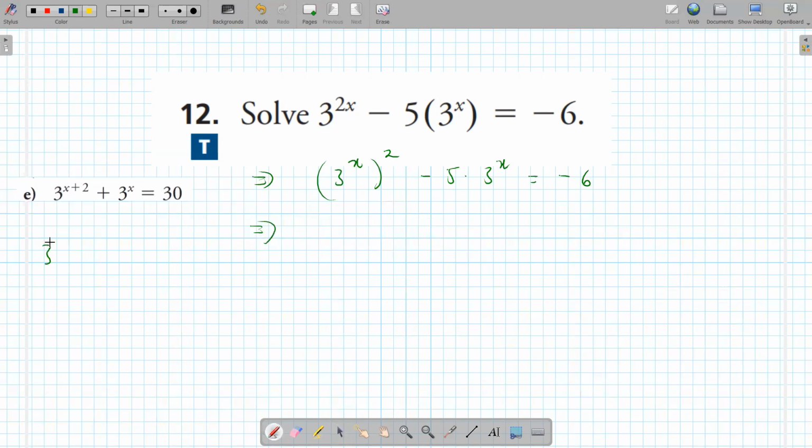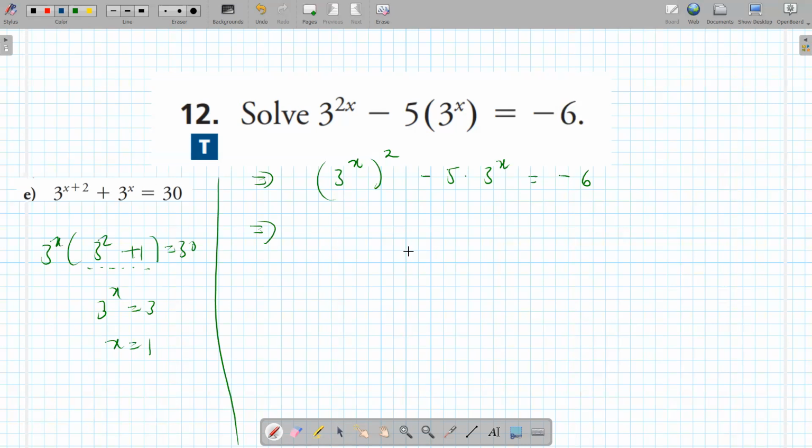Like if you were to do it here, you'll get 3 squared plus 1 equals 30, and then x will be 1. But this is different. You could pull out the 3 to the x, but you're not going to be left with a number inside. So that approach is not going to work for this question.